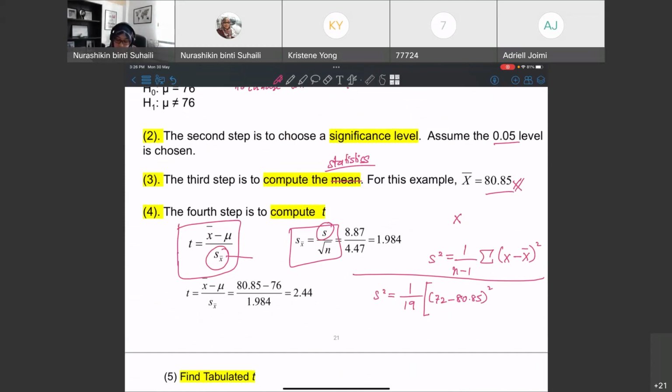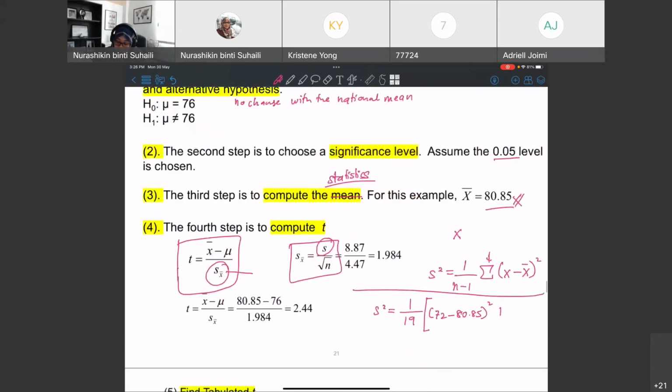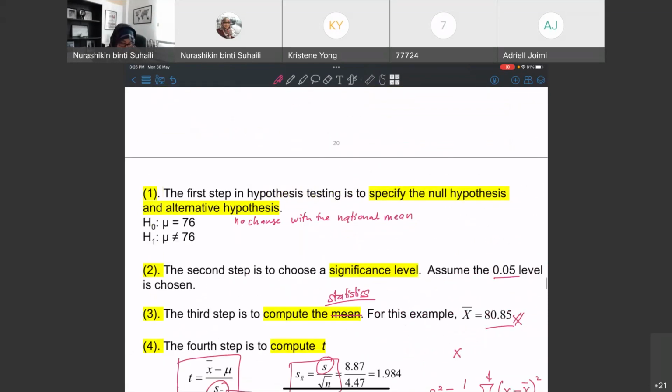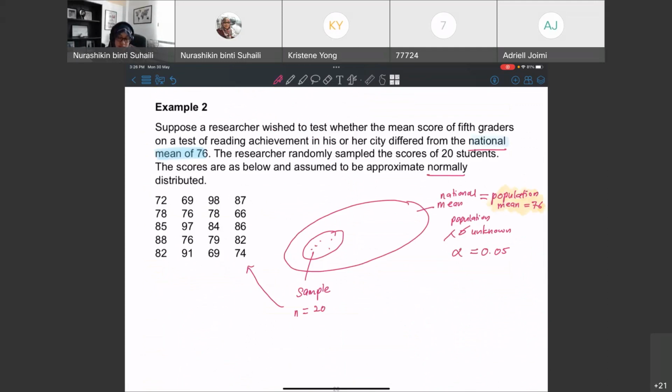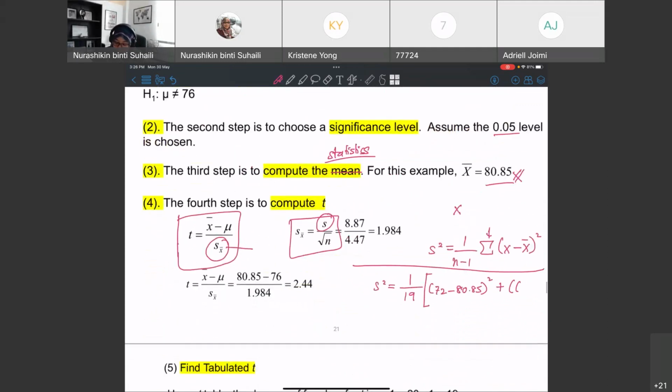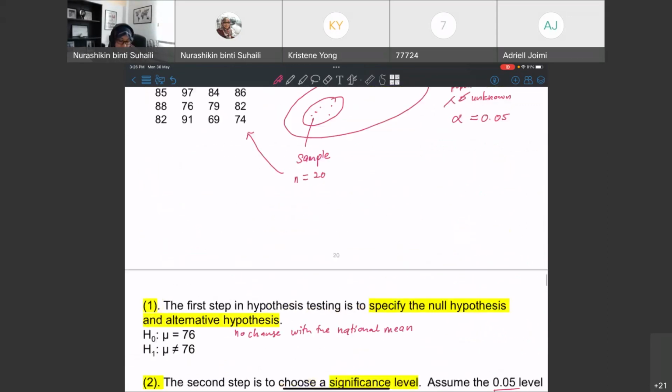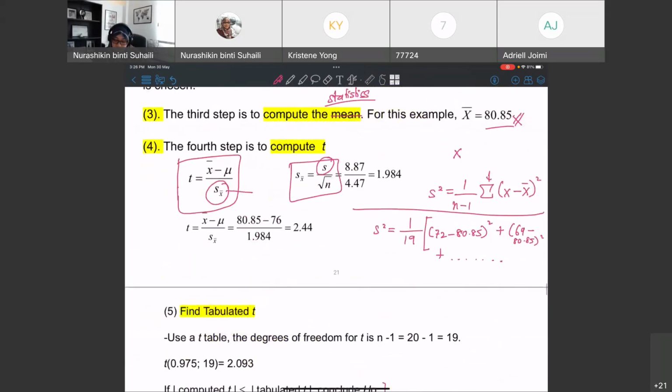And don't forget this symbol. It means the summation. So you have to add the next one, which is 69 minus 80.85 squared, plus until the last point. So that's why I said it's a bit tedious. Until 74, you have to be a bit careful when calculating this because it involves lots of figures.